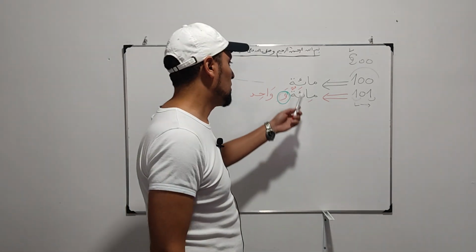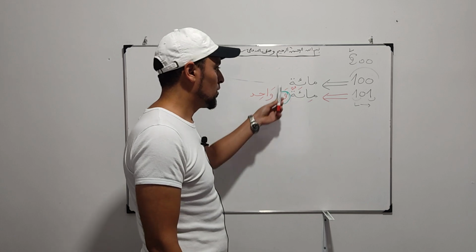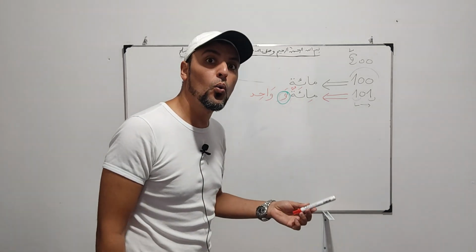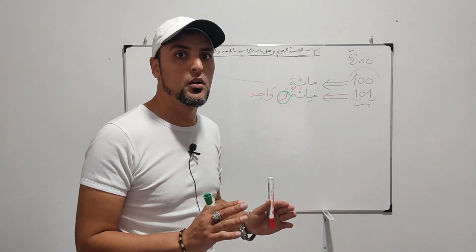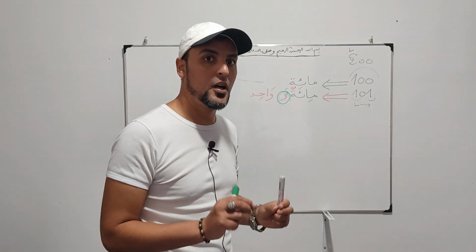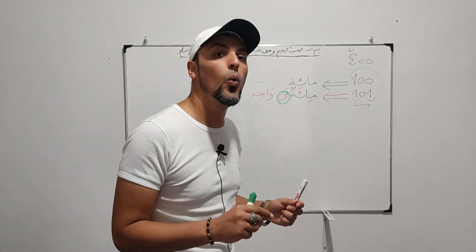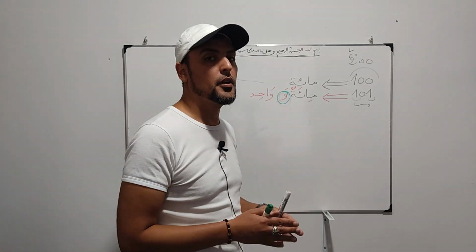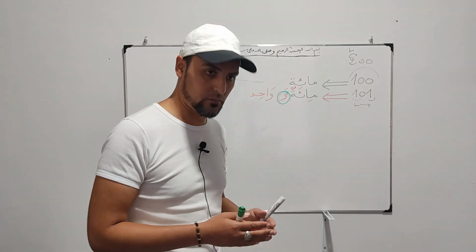As I told you, with mi'a we have to add wa, the letter waw, it means and.